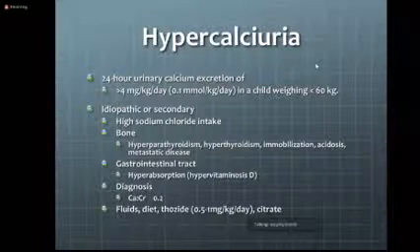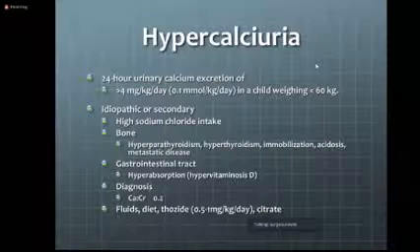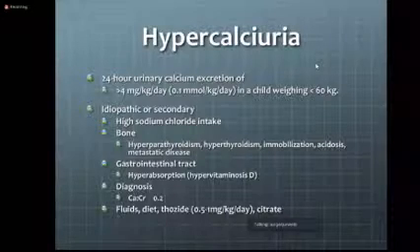The diagnosis is difficult because, as the pediatric surgeons and pediatricians will tell you, collection of 24 hours urine is difficult in children, particularly in young infants. So one of the easiest things to do is a calcium creatinine ratio on a spot urine sample.